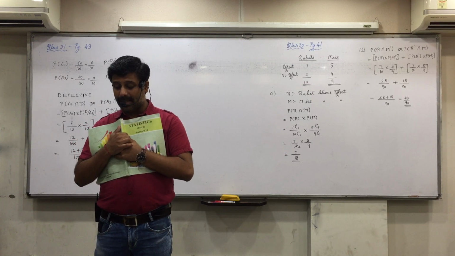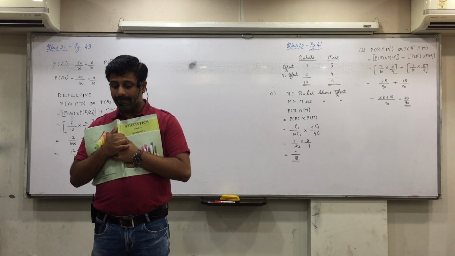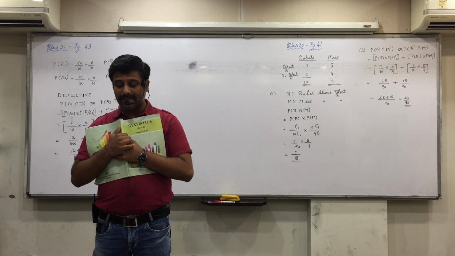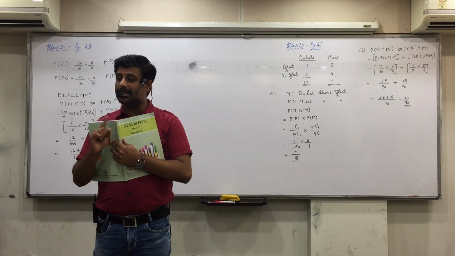Below rule 1 in the summary, what is the last note? Only one of the two events occur. And what is the formula we have written for only one of the two events occur? A union B minus A intersection B.